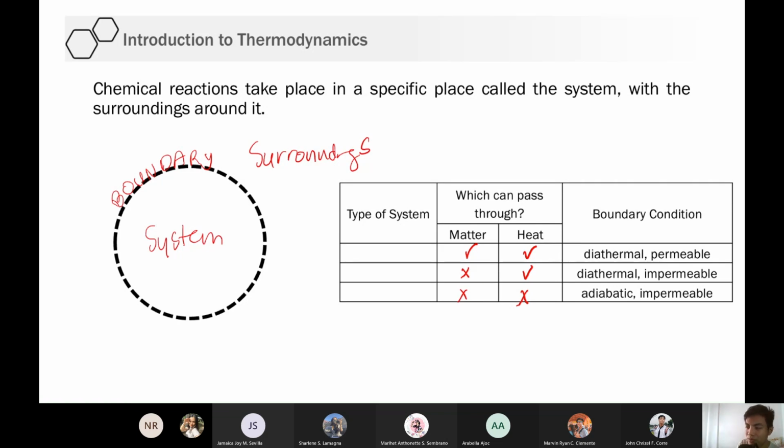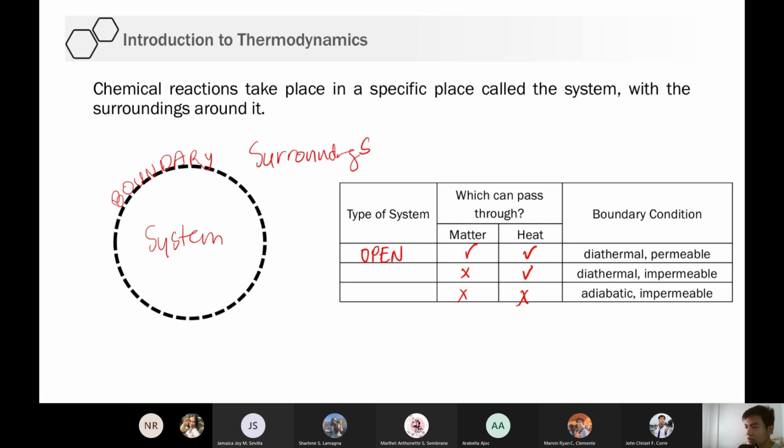Okay? So ganun lang. So depending on the combination ng diathermal, permeable, impermeable, adiabatic, we can have 3 different types of system. Okay? So if the system is both diathermal and permeable, we will call it an open system.